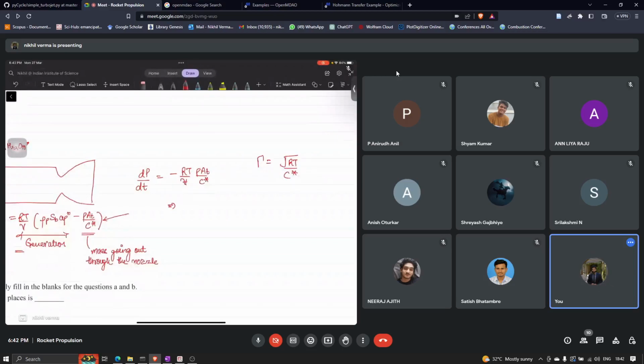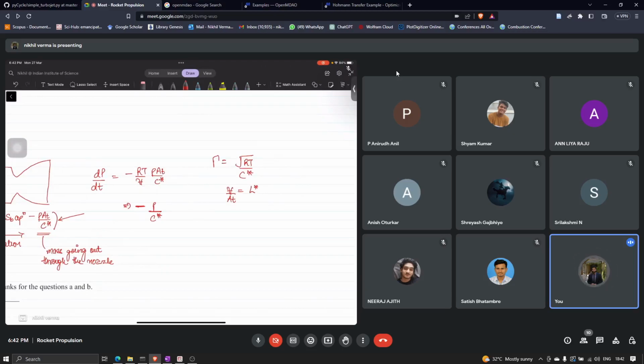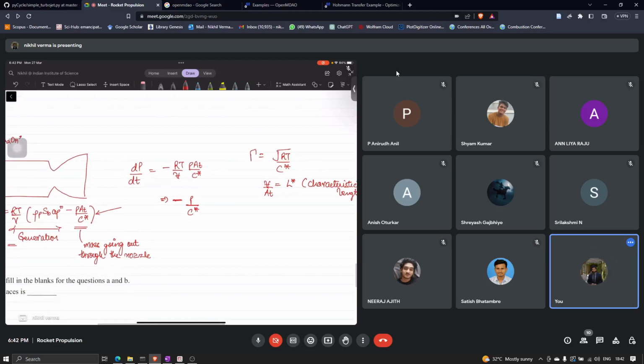So P comes here, c star, so V divided by A_t is known as L star, that is the characteristic length.